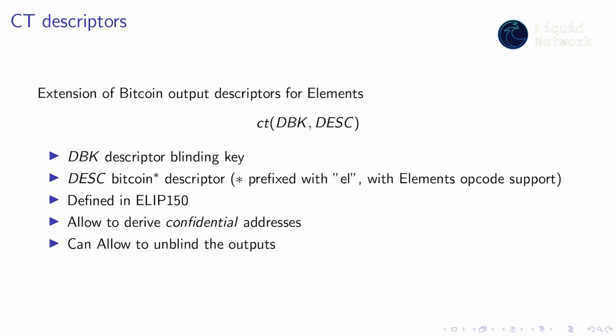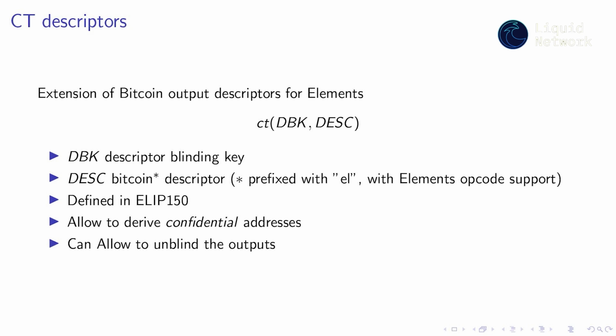So we'll have the Bitcoin descriptor and a descriptor blinding key, sometimes referred to as master blinding key, which, however, is somehow confusing, so we opted for a different terminology. The Bitcoin descriptor is actually a bit more than the Bitcoin descriptor. It has a prefix just so that it doesn't get confused, and it has support for more opcodes because Elements is more expressive than Bitcoin.